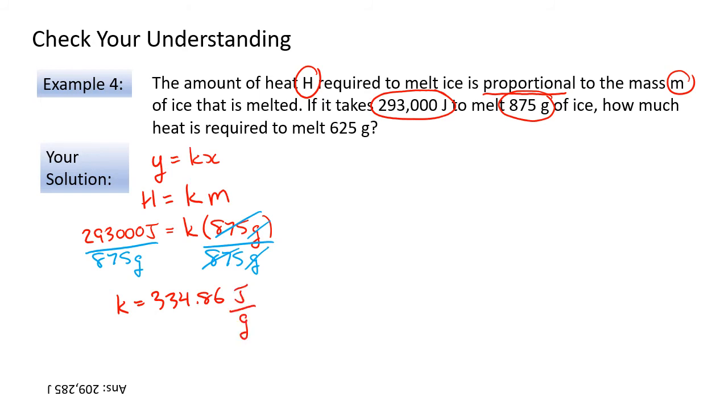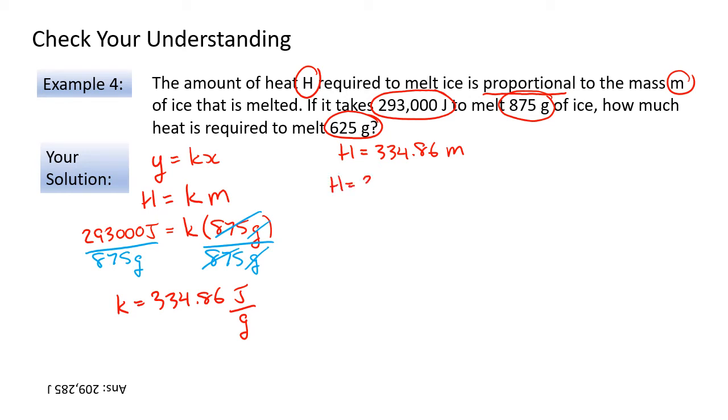Again, we can't cancel those units out because they're not the same. So our equation becomes H is equal to 334.86 multiplied by M. Now, knowing our constant, we can figure out the heat for a different amount of ice.